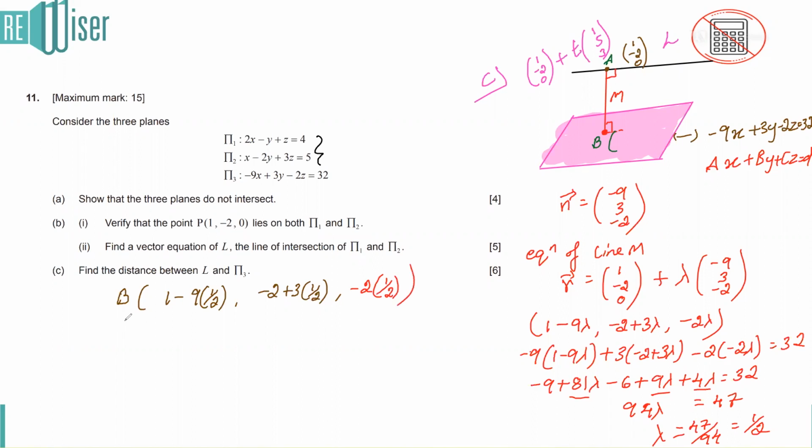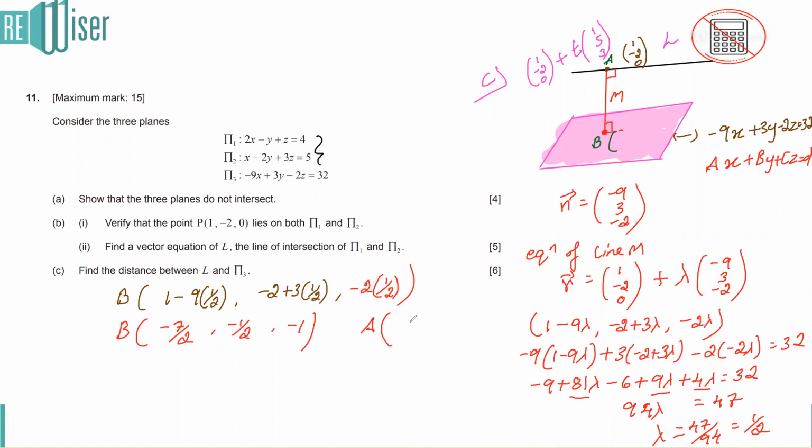If I simplify this, point B is going to be 1 minus 9 by 2, so that's minus 7 by 2, and minus 2 plus 3 by 2, so that's just minus 1 by 2, and minus 2 times half is just minus 1. And this is point B.